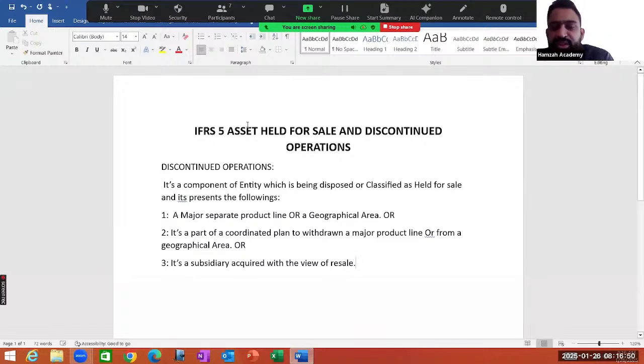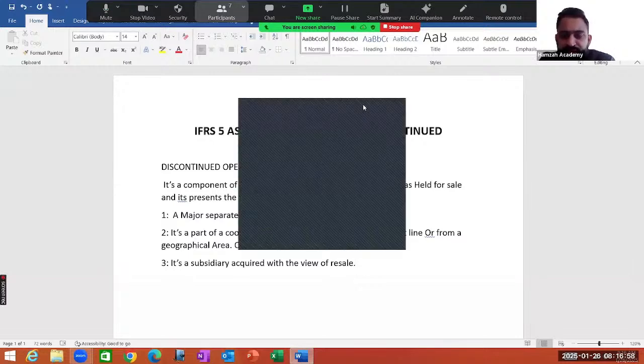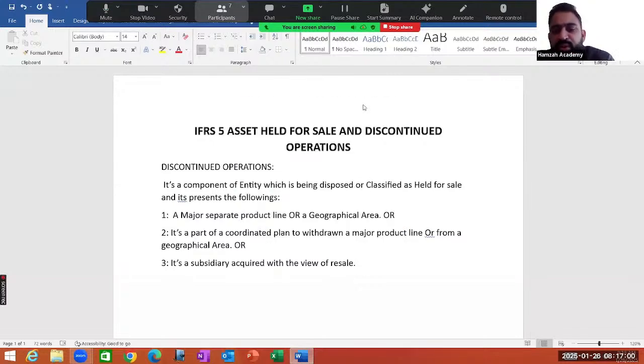You have acquired a subsidiary, and the purpose of acquiring the subsidiary is that you will sell that subsidiary in the coming 12 months. Then that subsidiary would also be treated as a discontinued operation. So this is the definition of a discontinued operation.